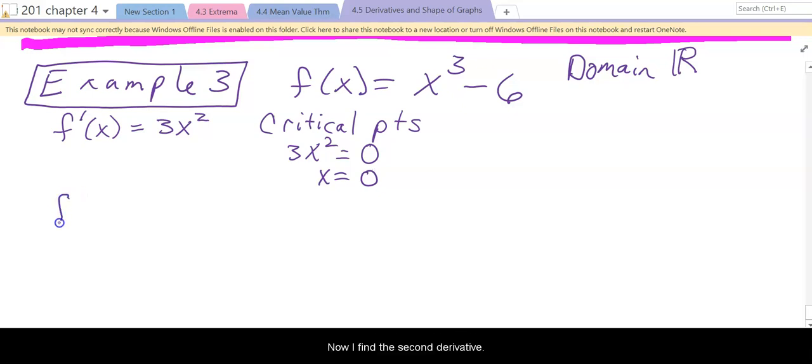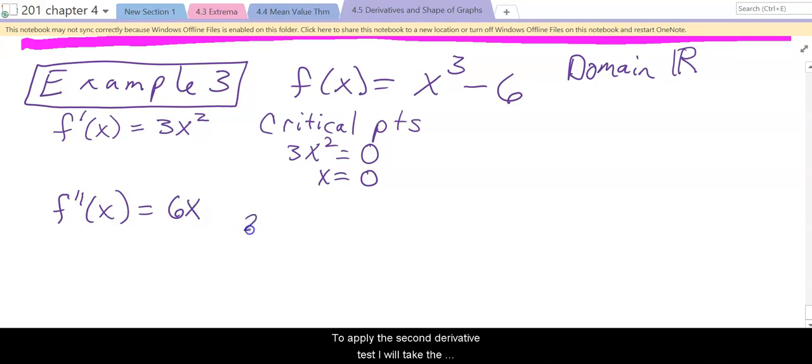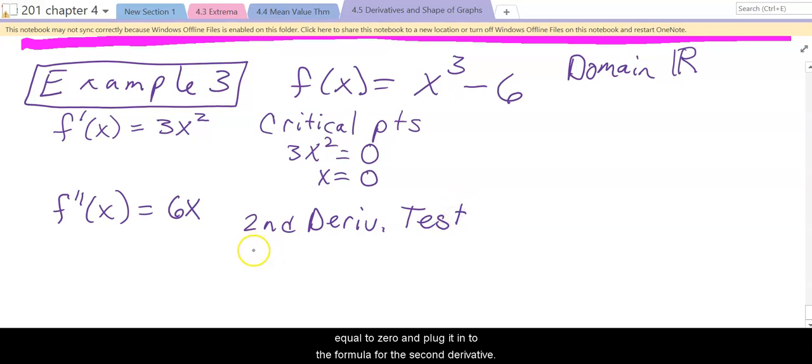Now I find the second derivative. The second derivative, applying the power rule again, would be 6x. To apply the second derivative test, I will take the critical value found from setting the first derivative equal to 0 and plug it in to the formula for the second derivative.